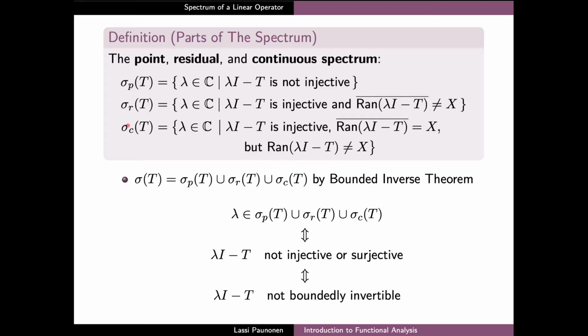And in addition, the definitions also show that the union of these sets contains all lambda for which lambda I minus T is either not injective or not surjective, and therefore the bounded inverse theorem implies that these three parts indeed do cover the whole spectrum of T.